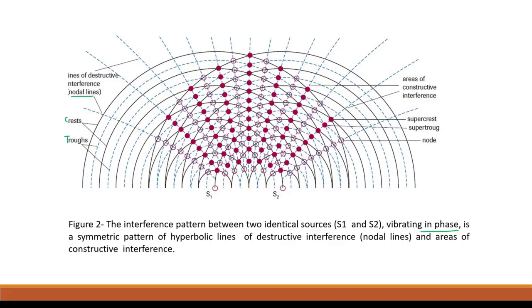Notice we have these nodal lines, the lines of nodes. That's why they're called the nodal lines for the lines of destructive interference. We also have these lines or areas of constructive interference, and we get super crests and super troughs.